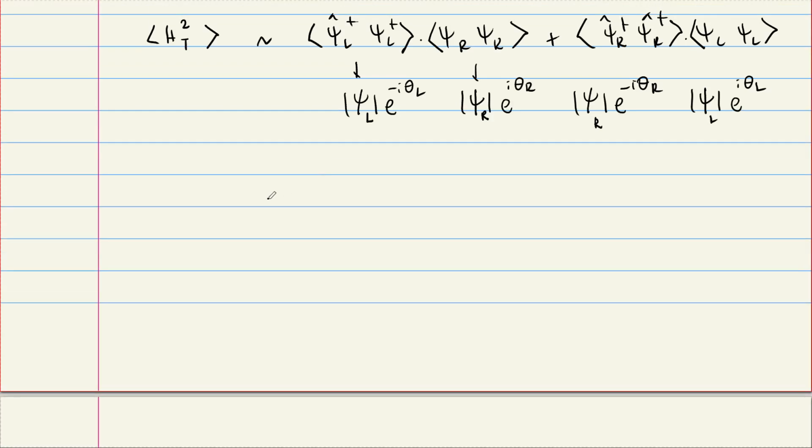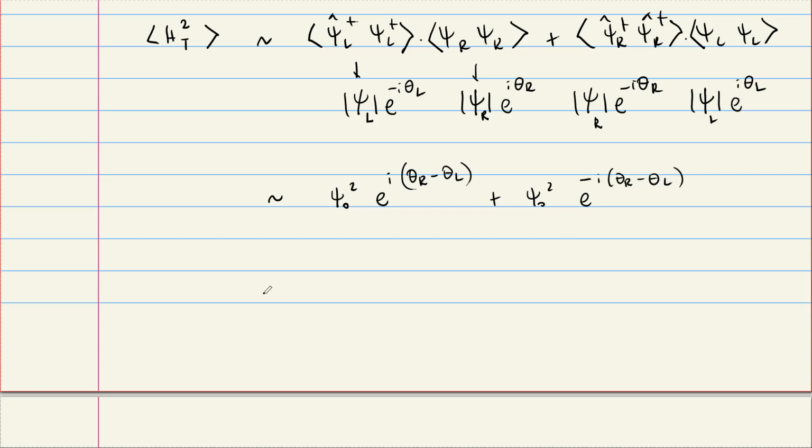Therefore, this thing is going to be some psi 0 squared e to the i (theta right minus theta left), plus again psi 0 squared e to the minus i (theta right minus theta left).